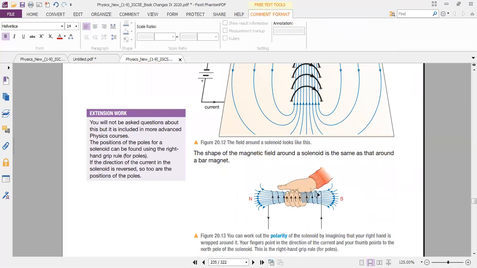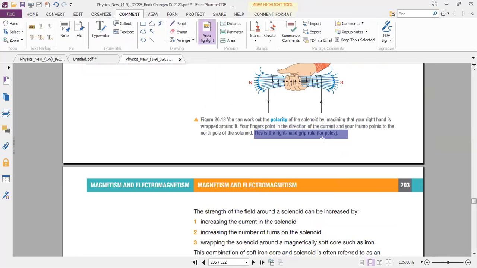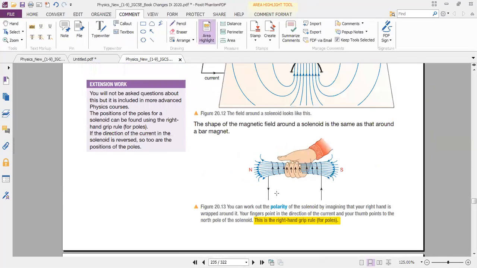The right hand grip rule for poles defines it. This is called the right hand grip rule for poles. Grip the coil this way. The thumb indicates the direction of the north pole, where the fingers curve in the direction of current.